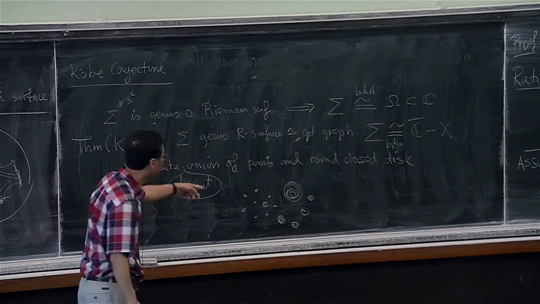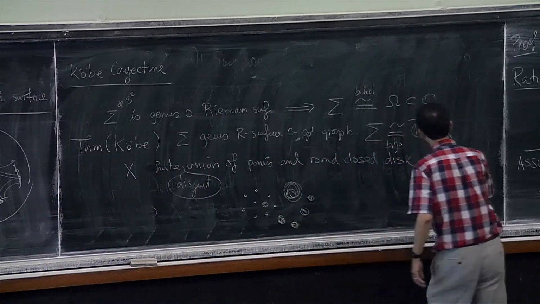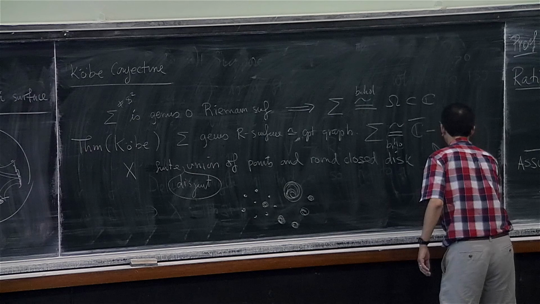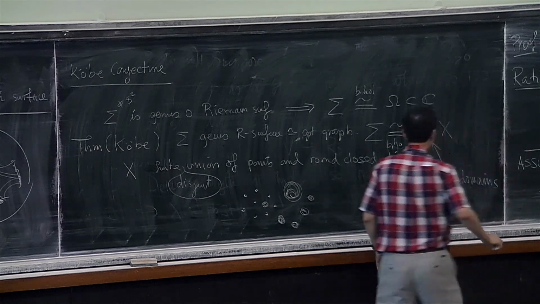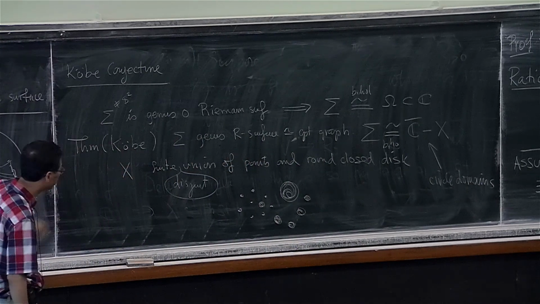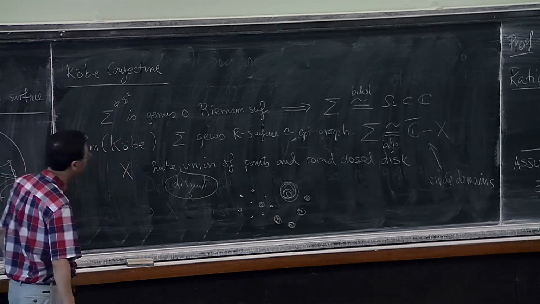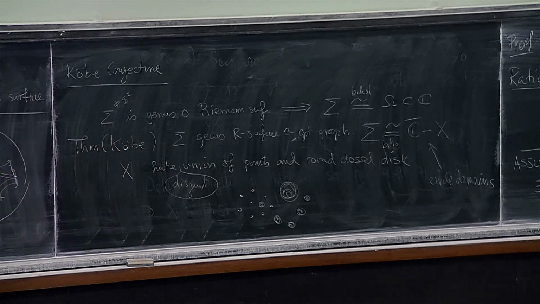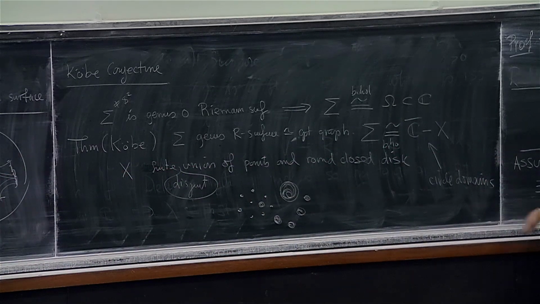These are called circle domains. So every finite type genus 0 Riemann surface is a circle domain. And then he made a conjecture that this should be true for any genus 0 Riemann surface. So here is Koebe's conjecture.